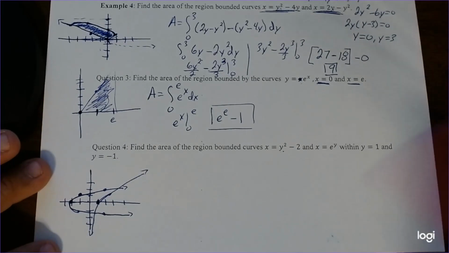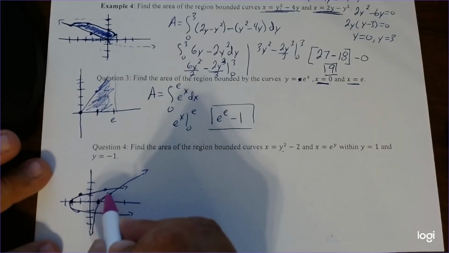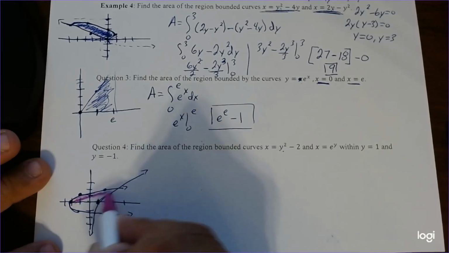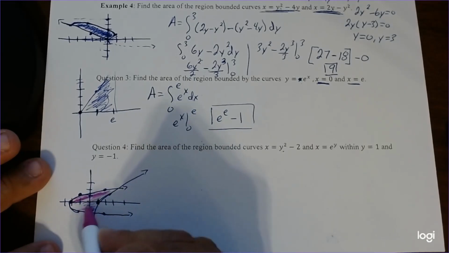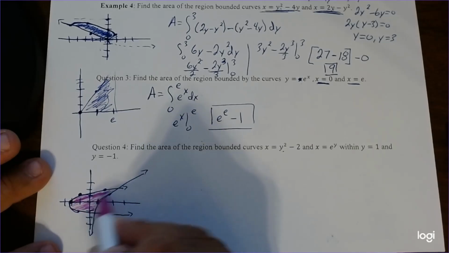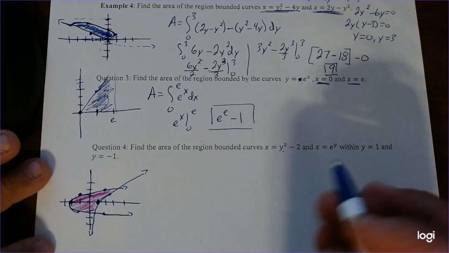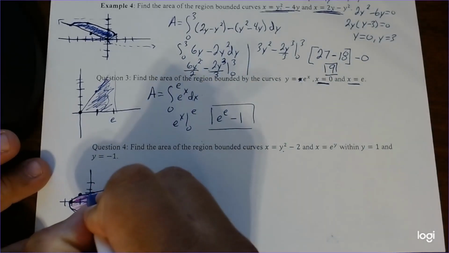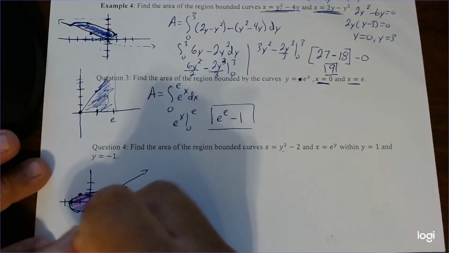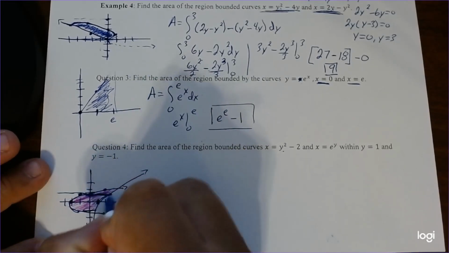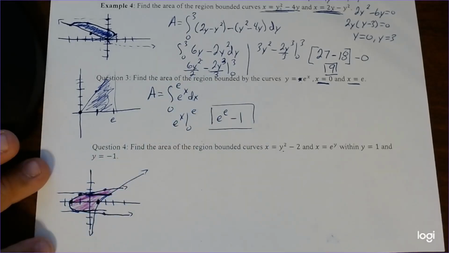So the area we care about is this chunk right here. And the good thing is we're bounded between 1 and negative 1. So basically right there. That's the little region we care about.